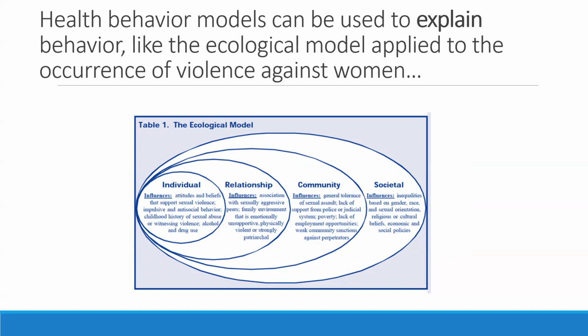Attitudes and beliefs that support sexual violence, impulsive and antisocial behavior, a childhood history of violence or witnessing violence, as well as alcohol and drug use. So these are influences at the individual level within a single person that would make them more likely to engage in violence against women.